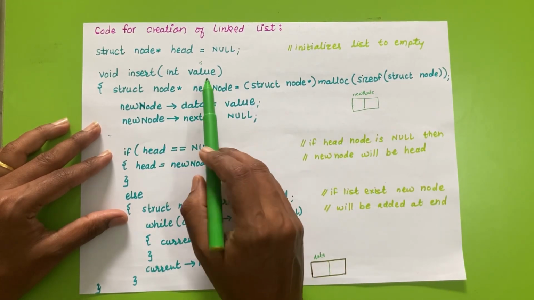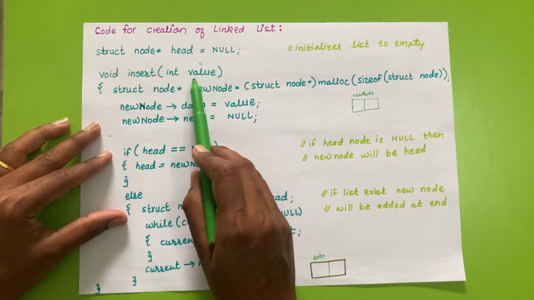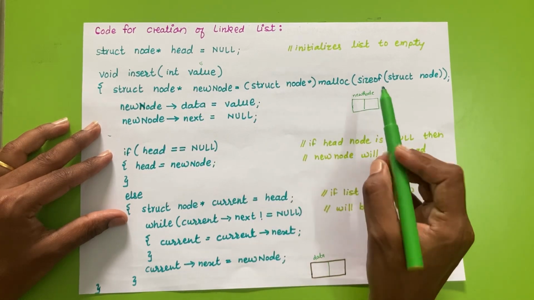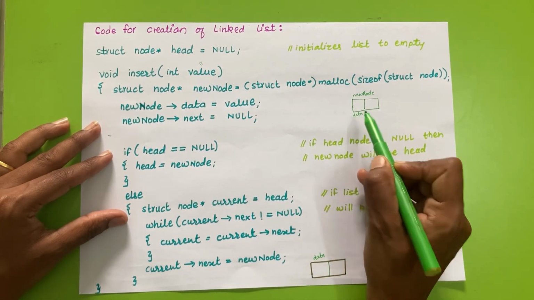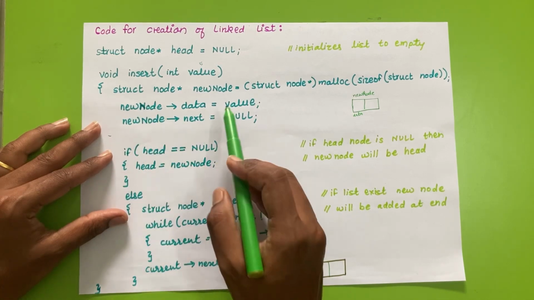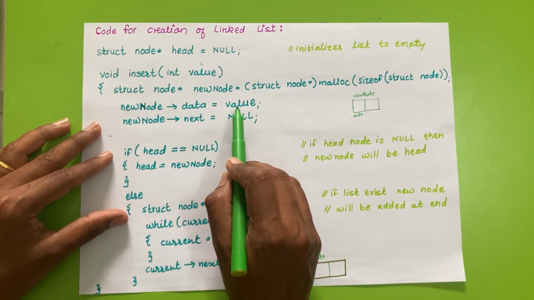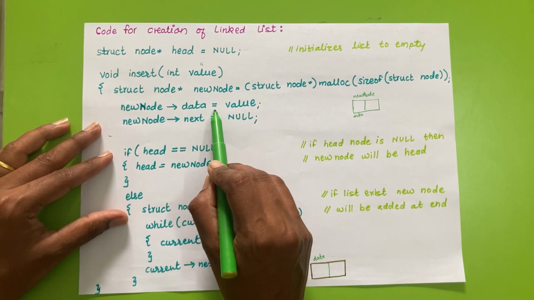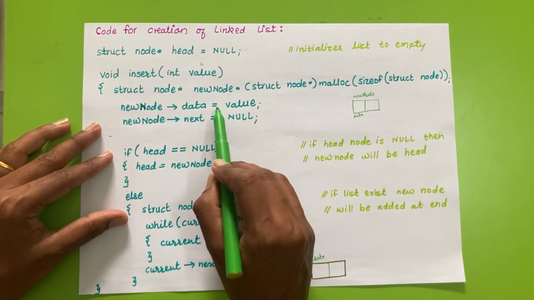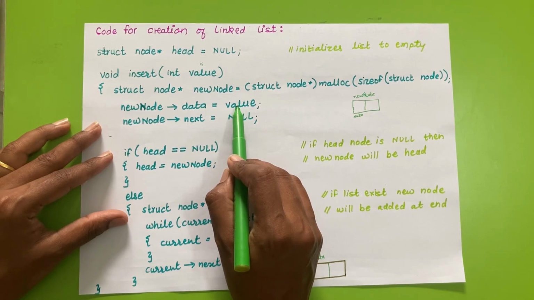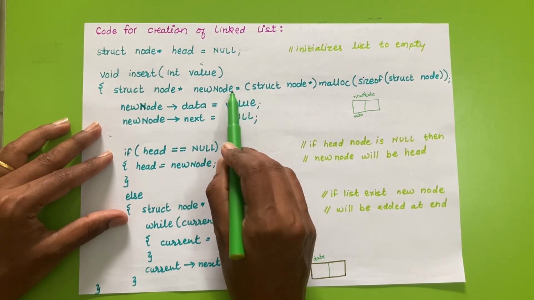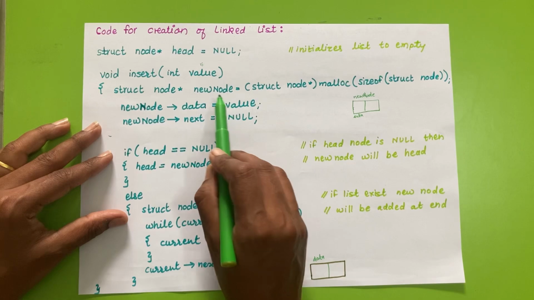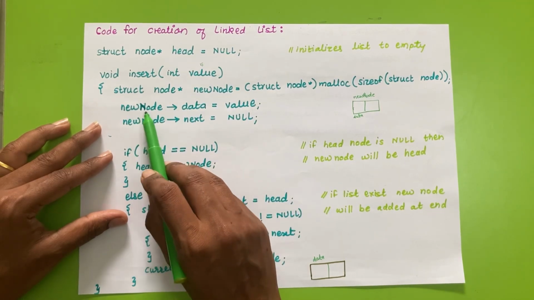Now this value 5 will be added in the data part of this new node. How to assign this value to the data part? For that purpose we have used the assignment operator. So the value 5 will be copied from the value variable to the data part of new node.